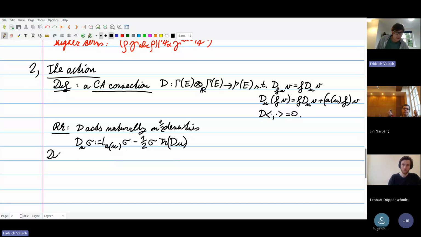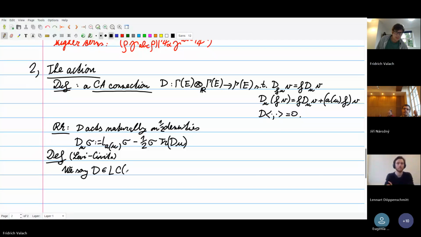Okay, and now another definition. This is kind of the analog of Levi-Civita for us. We say that the connection belongs to this class, which I will call LC of G and sigma. If you specify some generalized metric and some sigma, then we say that D belongs there if it preserves both of them.